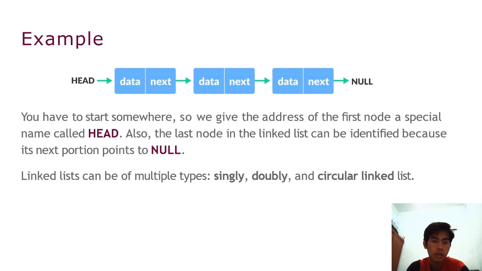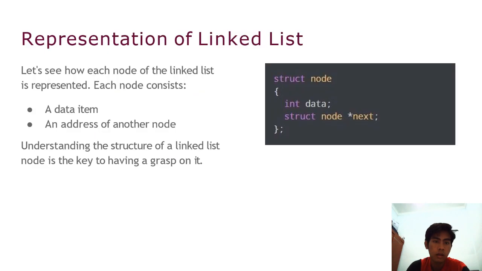Linked lists can be of multiple types: singly, doubly, and circular linked list. Representation of linked list. Let's see how each node of the linked list is represented. Each node consists of a struct node with data and a next pointer: a data item and the address of another node.